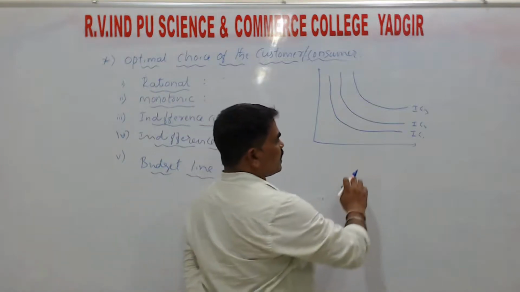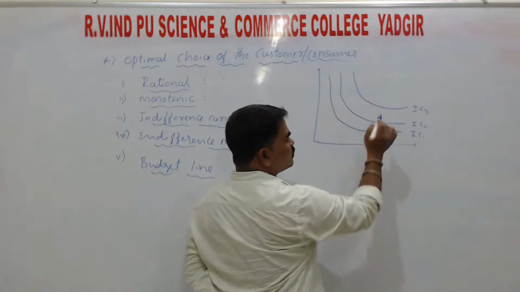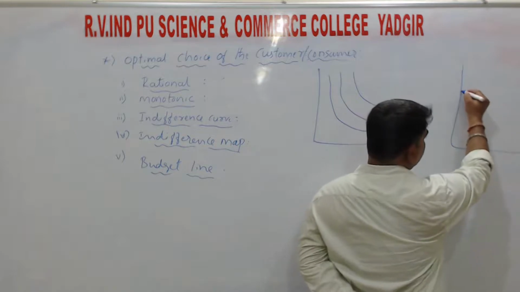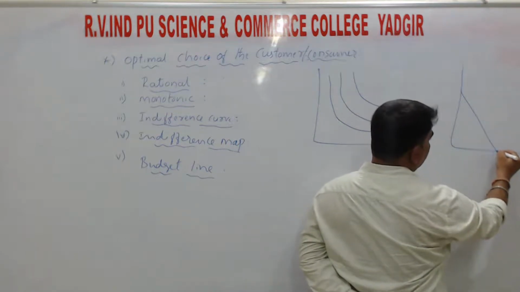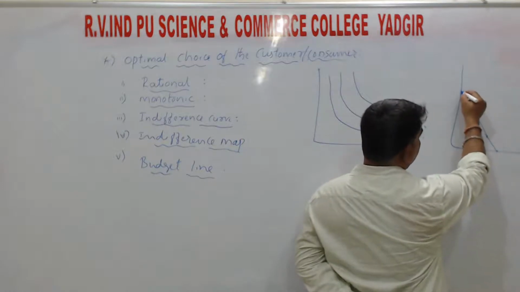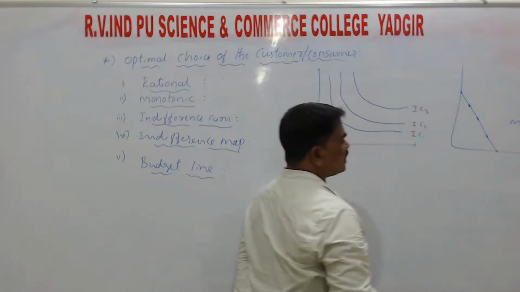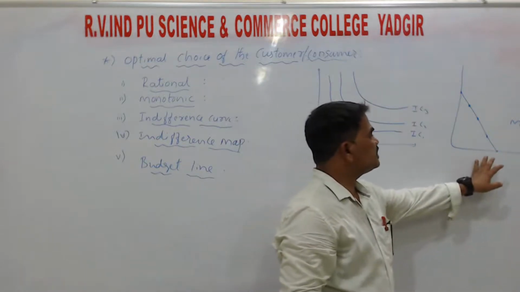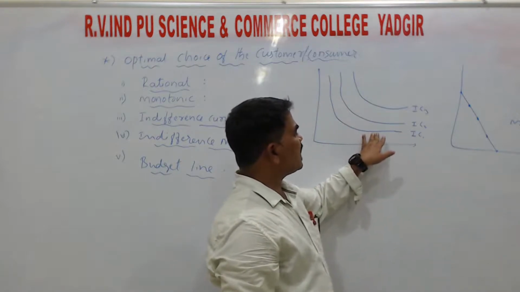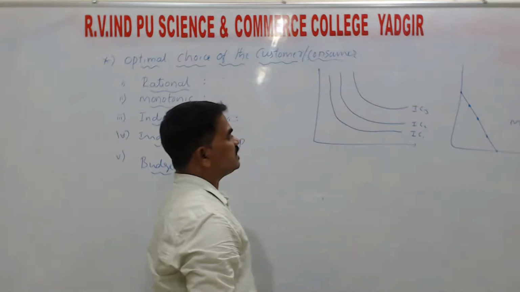The same satisfaction level if we join all those bundles. And this is the budget line, where we have a set of different bundles which cost equal to his income. Correct? Here the cost of the bundle is equal to income. Here the satisfaction level is always the same across the set of bundles.